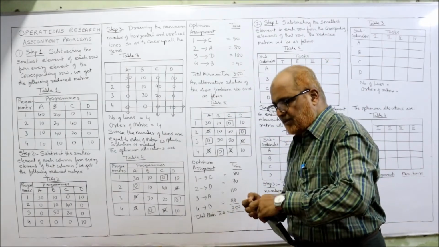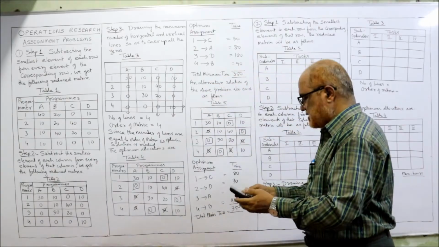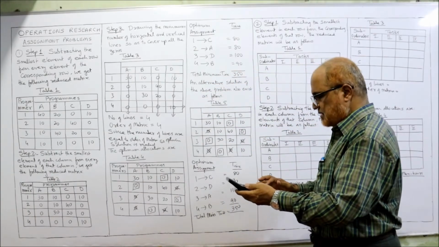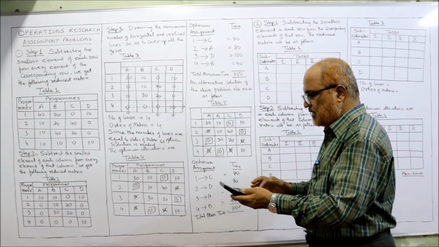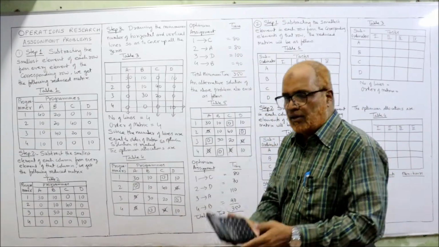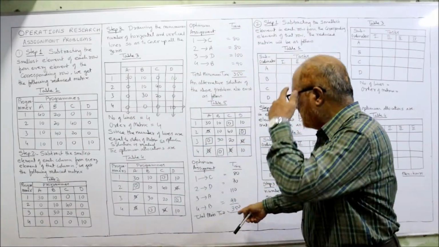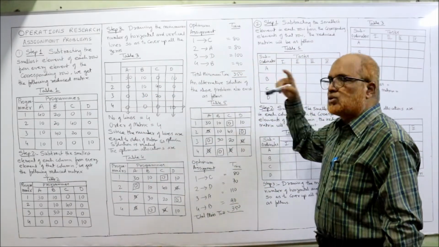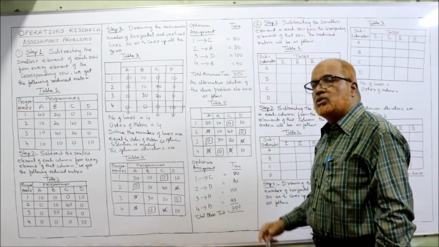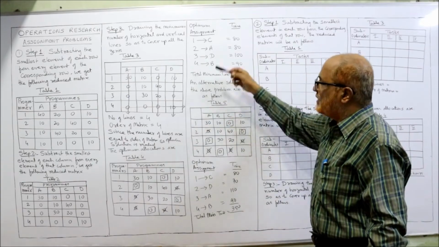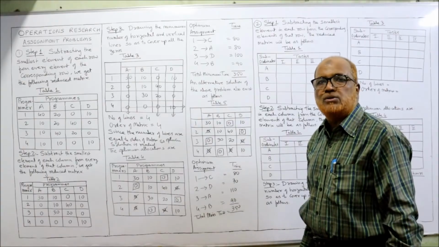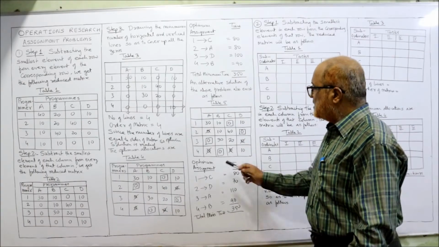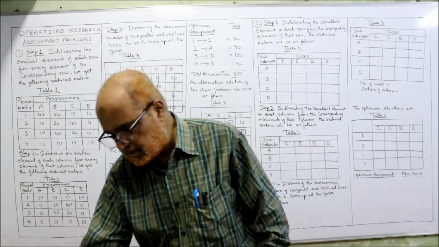Check is it 350 or not. That is 80 plus 70 plus 110 plus 90 is equal to 350. We got 350 here. So first solution also 350, second solution also 350, but the assignments are different. It is called multiple optimum solution. That's all. This is the first problem I have completed.